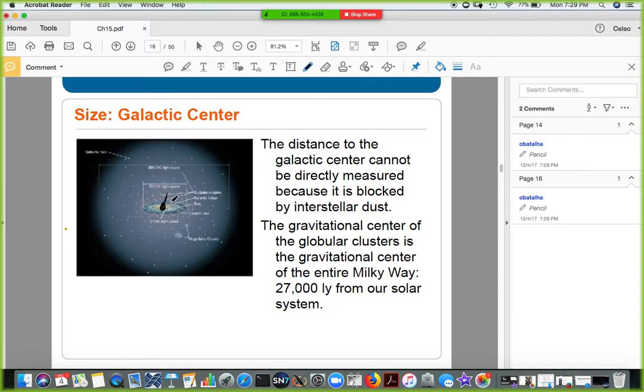So he said, well, there are so many globular clusters, and they happen to be all clustering around a point, and that point was seen in the direction of the constellation Sagittarius.